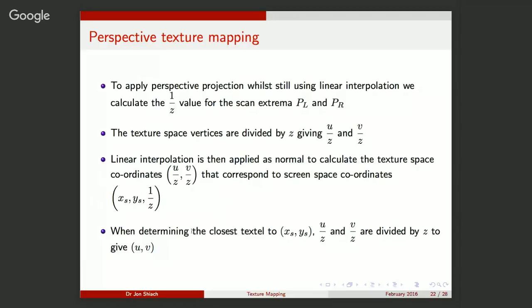All we do, when determining what texel we have, is divide u over z and v over z by 1 over z to convert it back. So we apply all our linear interpolation, and at the very end, when we want to decide what texel we're at, we divide again to convert back. And that's called perspective texture mapping.